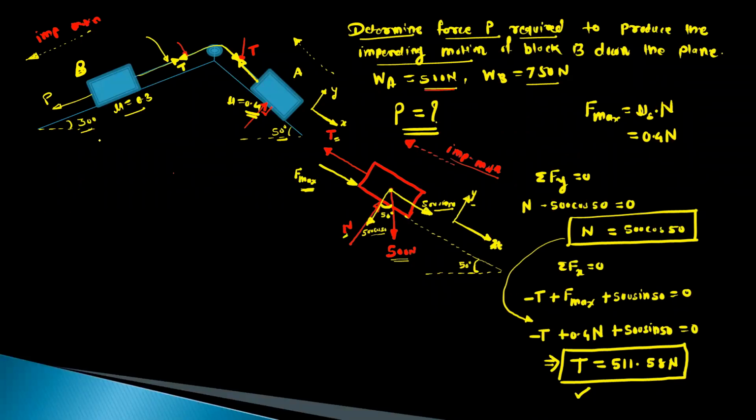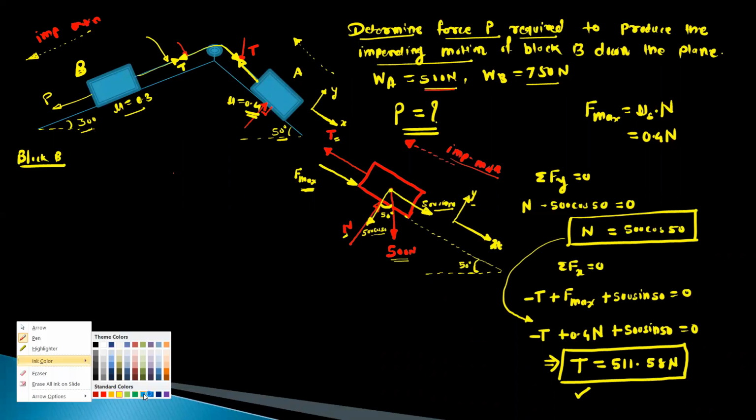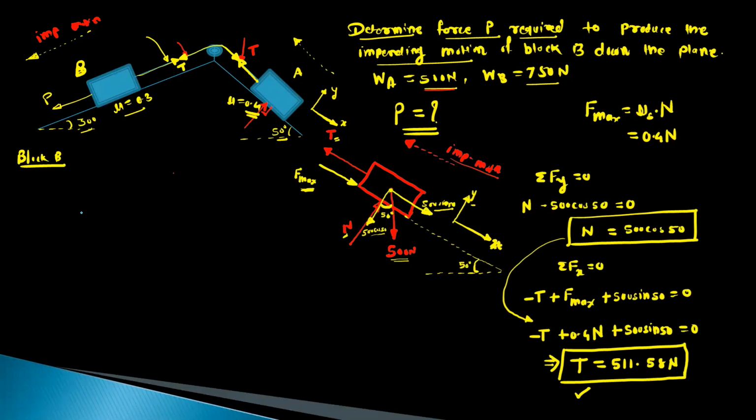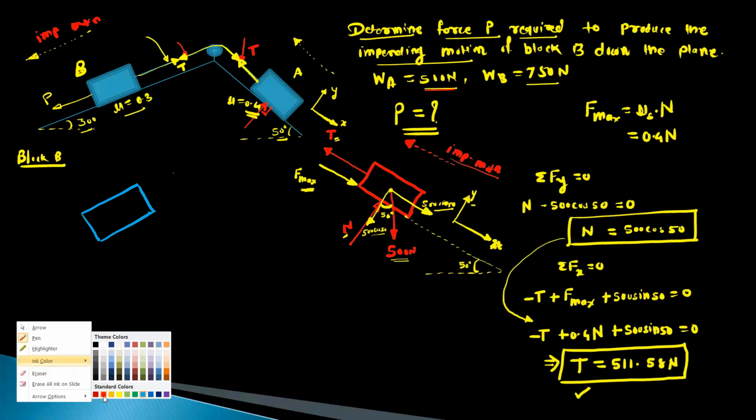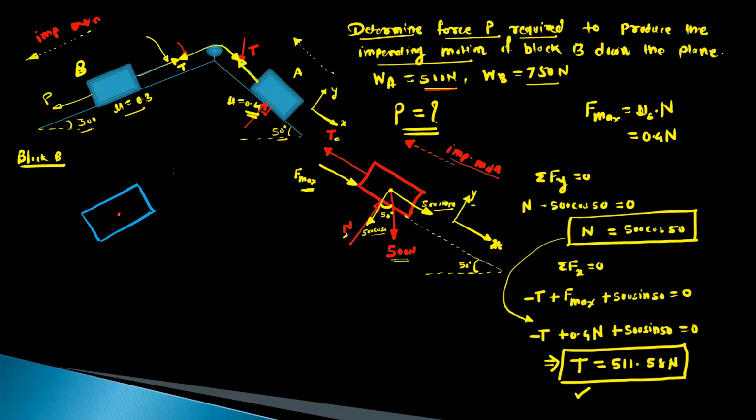Now consider the free body diagram for the block B. So for the block B, its weight is given, which is equal to 750. So from this point, weight will act exactly downward. So this is 750.